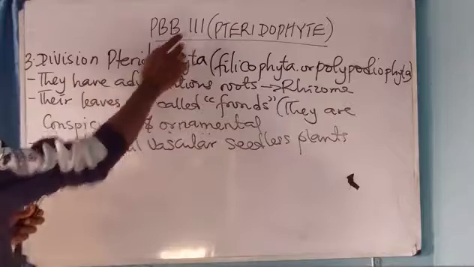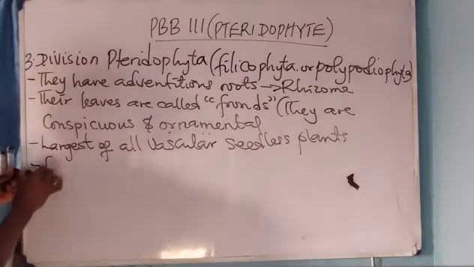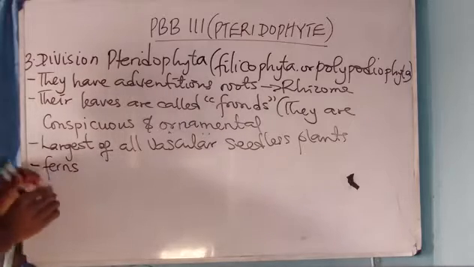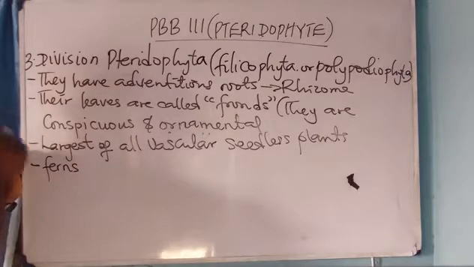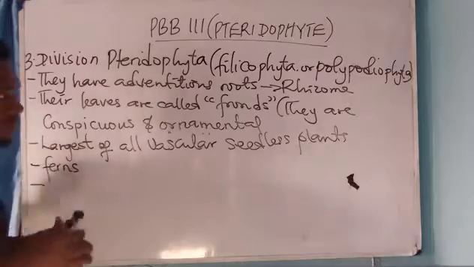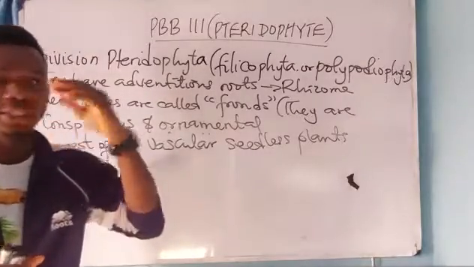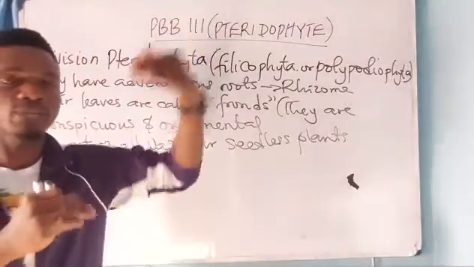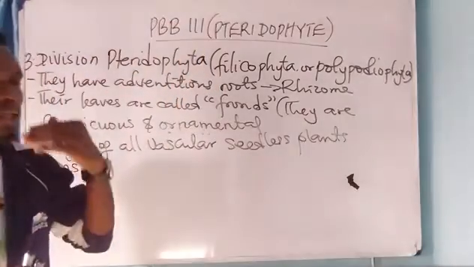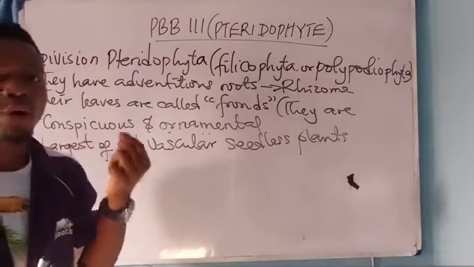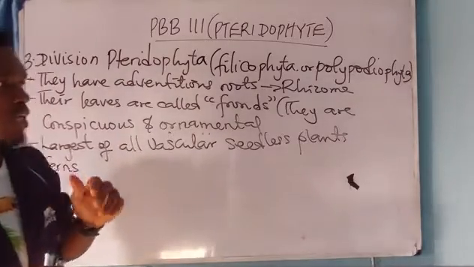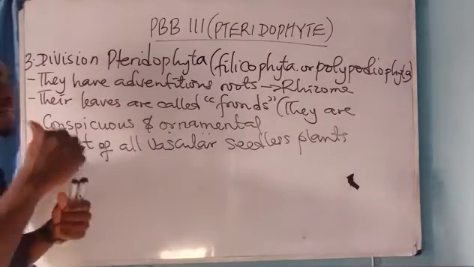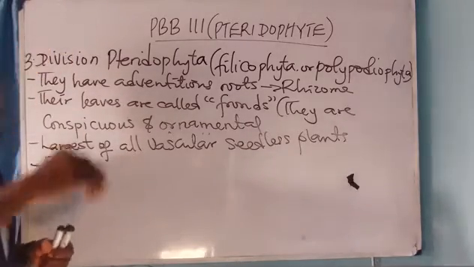Okay, good. These organisms are called ferns. All right, ferns. Take note of that. They have leaves: we have the upper leaves, and we have the lower leaves. The upper leaves grow slower than the lower leaves, which means that the leaves at the bottom of the plant grow faster than the ones at the top part of the plant.